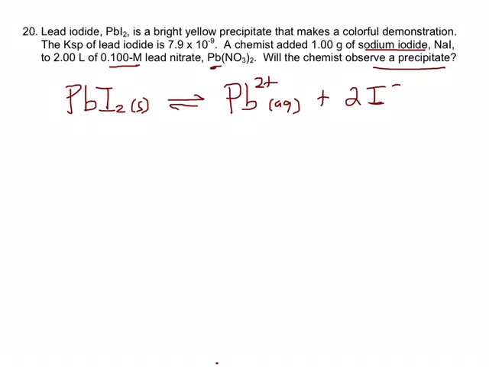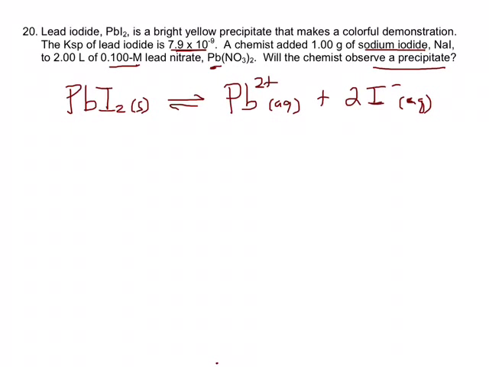Now, why am I writing this equation? After all, we're wondering if we'll be forming lead iodide, not whether or not we'll be dissolving it. The reason I'm writing this is because the Ksp that was given is based on this reaction, right? That's the Ksp for lead iodide, so it's based on lead iodide dissociating in water.